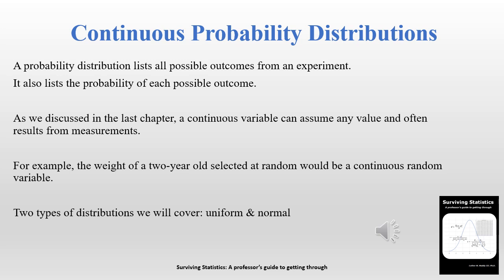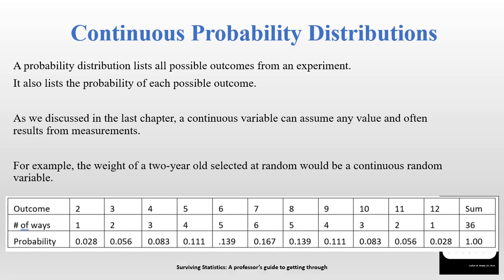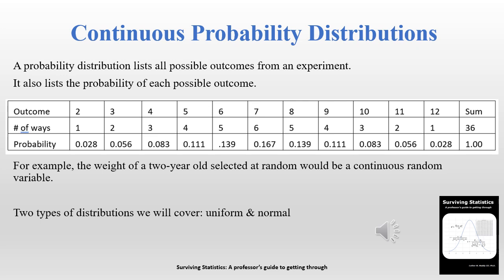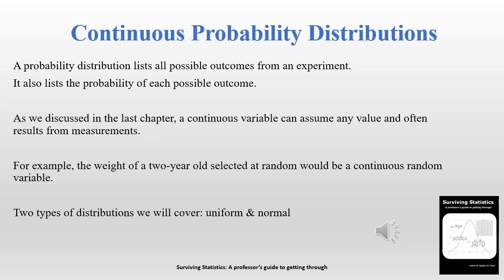Hopefully you recall from the previous chapter that a probability distribution lists all possible outcomes from an experiment. It also lists the probability for each possible outcome. We also talked about two different kinds of variables that can result from measurements. We talked about discrete variables, which typically are counted, and continuous variables that can assume any value within a range.